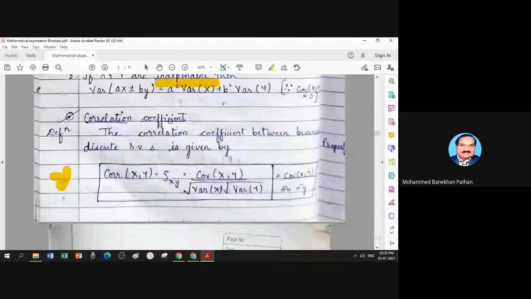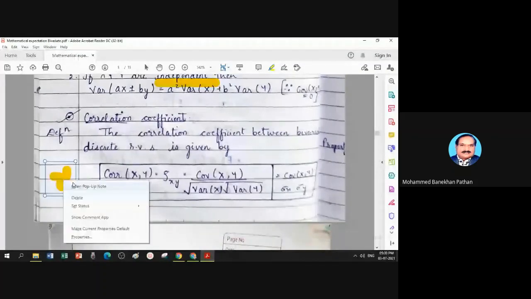Whereas in paper 2, the correlation coefficient is denoted by a Greek symbol, that is rho xy. So that is the difference in the notation. The technical definition is common.